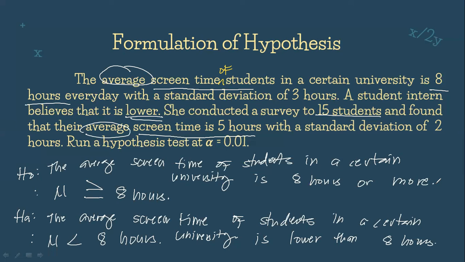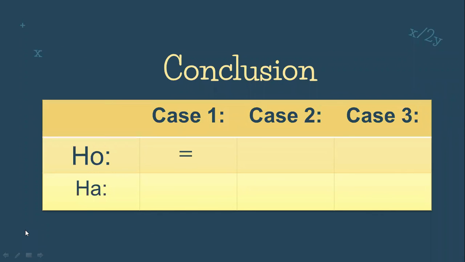So, is it already clear to you? I hope, my dear students, it is already clear to you. And I want you to remember, opo, na kapag si null hypothesis ay equal, si alternative po must be unequal. At kapag si alternative naman po ay less than, kailangan po si null hypothesis greater than or equal. At kapag si alternative ay greater than, si null hypothesis naman pong kapartner niya kailangan less than or equal.